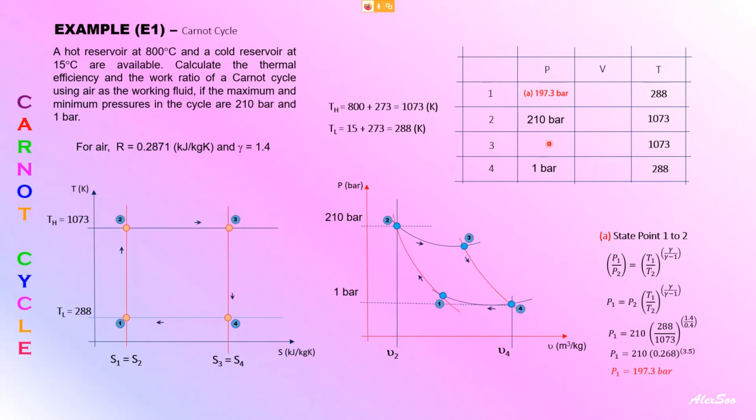If I want to find the pressure at point 3, I can refer to this process here, 3 to 4, which is an isentropic expansion process. So we can again use this formula, but this time pressure P3 is the subject.